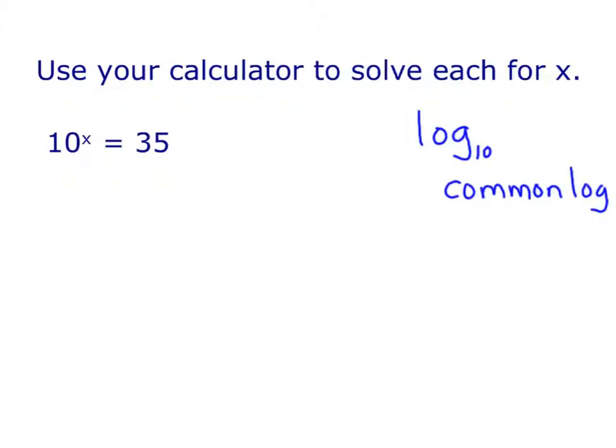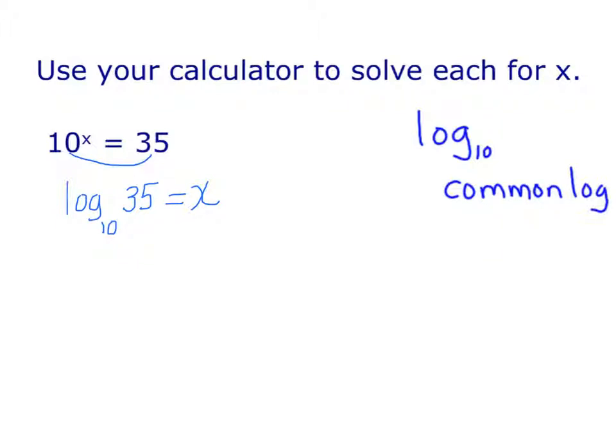Okay, if we were going to write this exponential as a logarithm, we would say log to the base 10 of 35 is equal to x. And now this log to the base 10 is something that we call the common log.